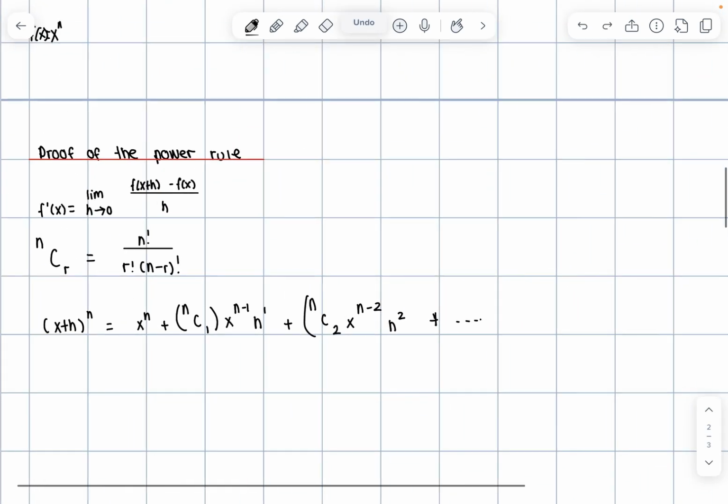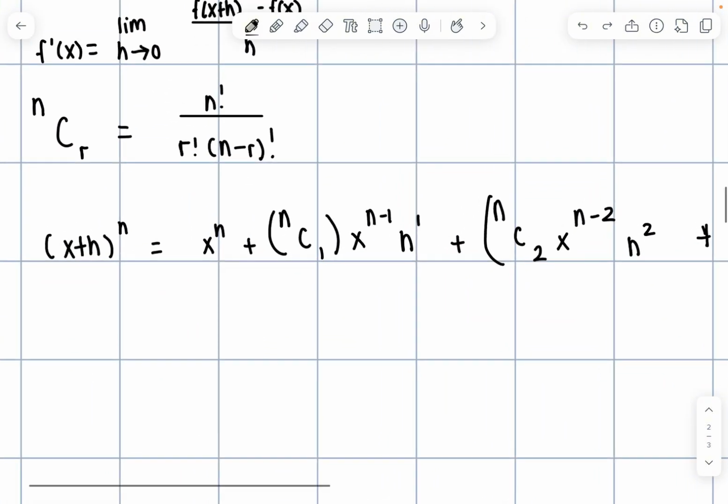So why this is useful for the power rule. Imagine we have a function, f of x equals x to the n.